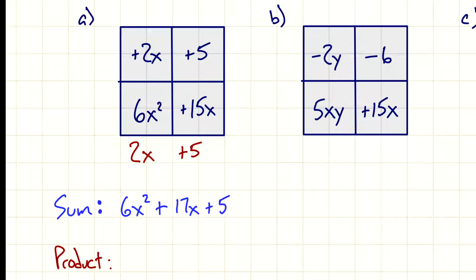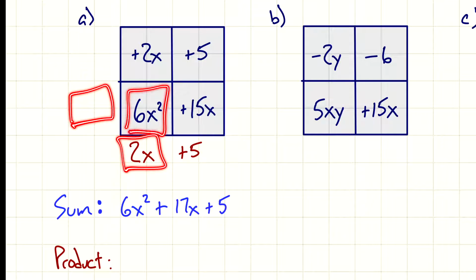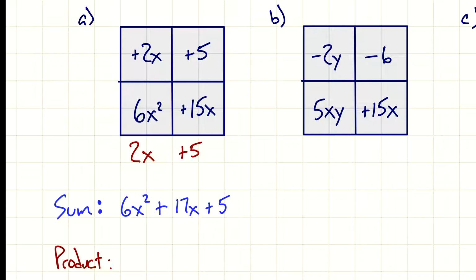So you would do the same thing going with the rows and seeing what they have in common. That's one approach. Or you could think about, what can I multiply by 2x to give me 6x squared? Since I know multiplication is being used to get the inside.